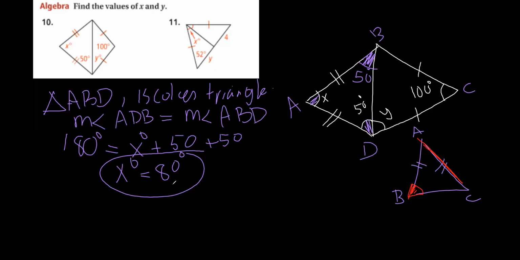This one, B. And if you look also at this side, what is its congruent angle? This is angle C. So because D is 50, this one will be 50, because the angles of the base.